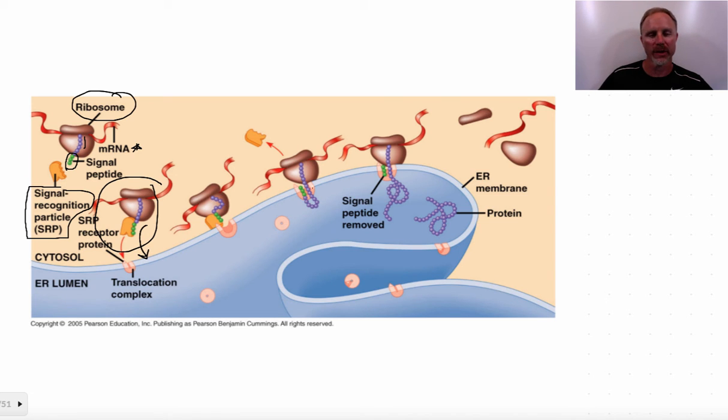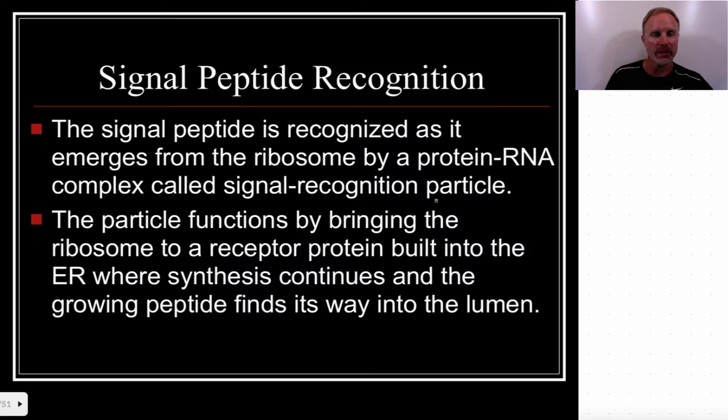Now it's going to continue to make the protein, and in doing so it's going to push it into the lumen, or the interior of the ER. Once this whole thing is done, it's contained within the ER, and now it can get shipped off to the Golgi for processing, packaged in vesicles, and then of course shipped out of the cell.